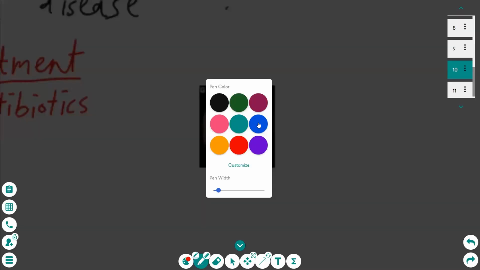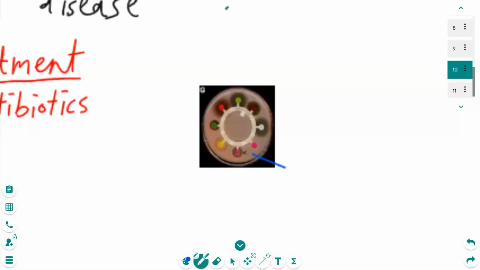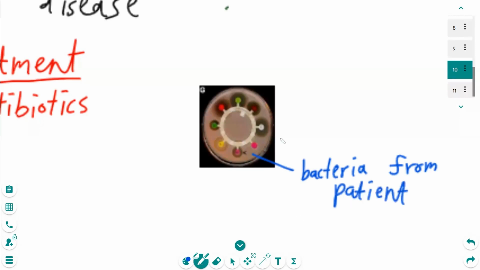You take some bacteria from the patient, and you can see which antibiotic is the most effective at combating this species of bacteria.